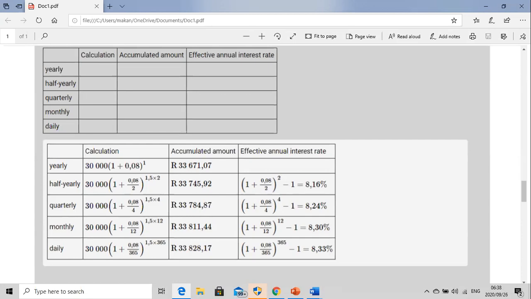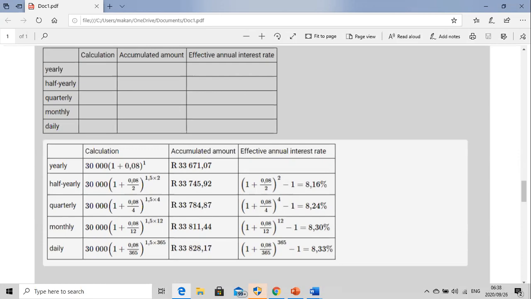So if you do it half yearly, meaning that there will be a process half yearly. Remember, a year consists of 2 halves. And of course, this simply means it's going to be 3 times because it's 1.5 years. So in 18 months, you will have to compound your interest 3 times.